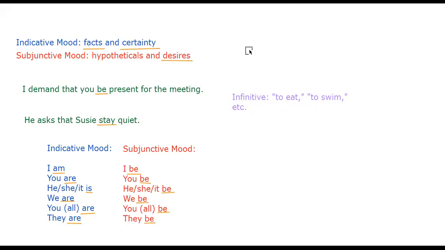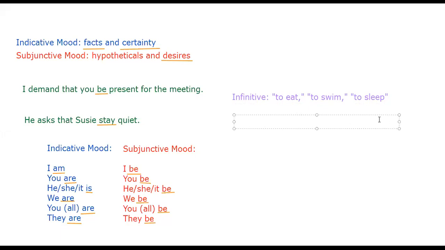Okay. And this would be the bare forms of these. Let me include another example just for kicks: to sleep. We have infinitives here: to eat, to swim, to sleep.